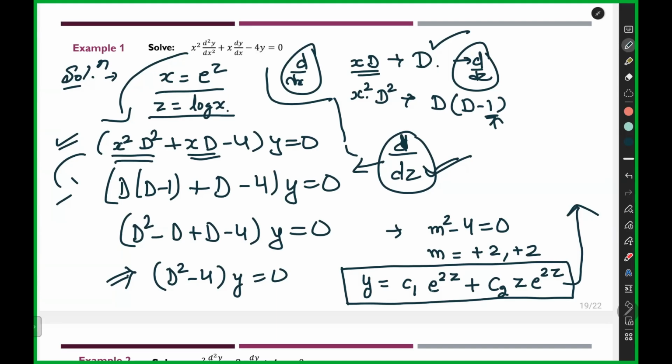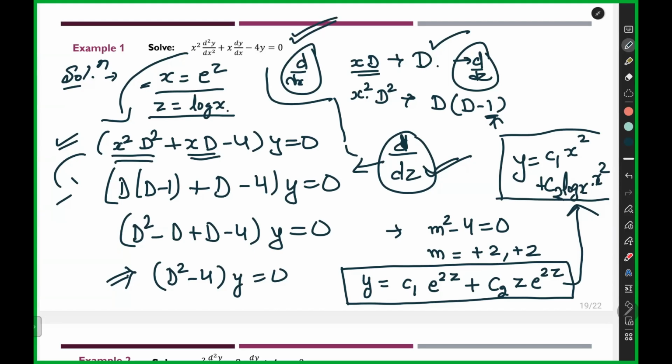I can simply replace z by log x, and e to the power z as x. So y equals c1 x square plus c2 into log x into x square. This is the final solution for the given differential equation.